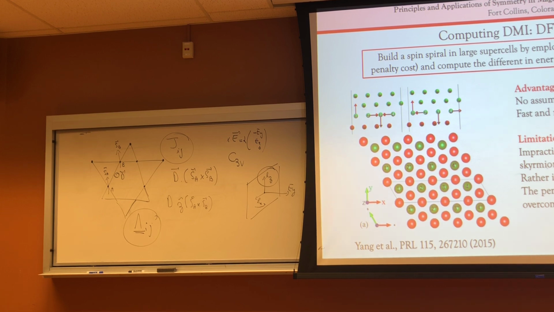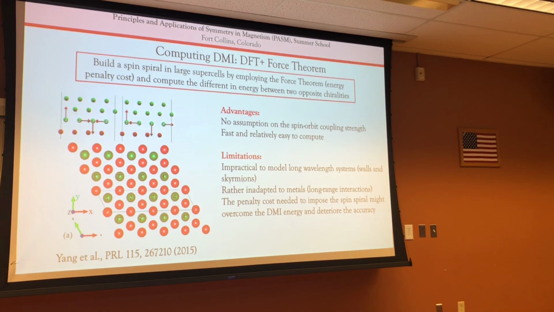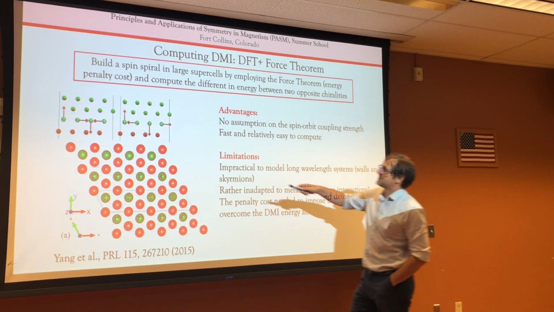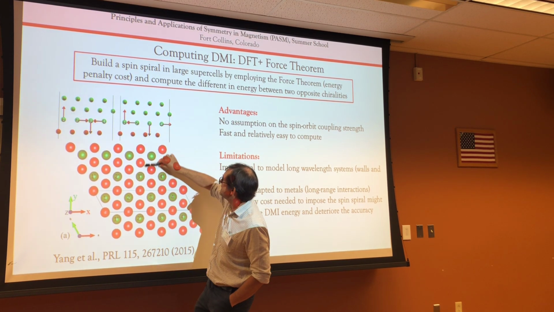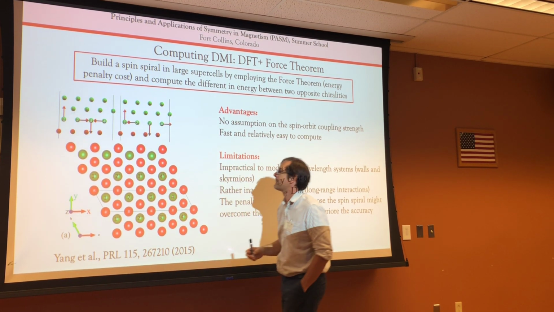It's, I would say, one of the most influential calculations of Dzyaloshinskii-Moriya in transition metals, due to Hongxin Yang and Mairbek Chshiev. They were working on platinum-cobalt interfaces. You have your cobalt here, and you have a bunch of platinum. I don't show all the layers.